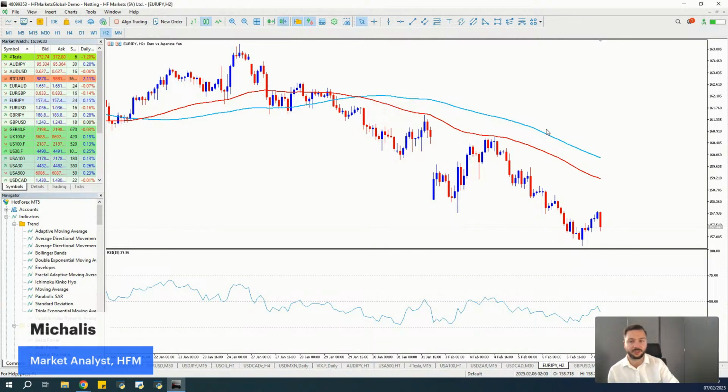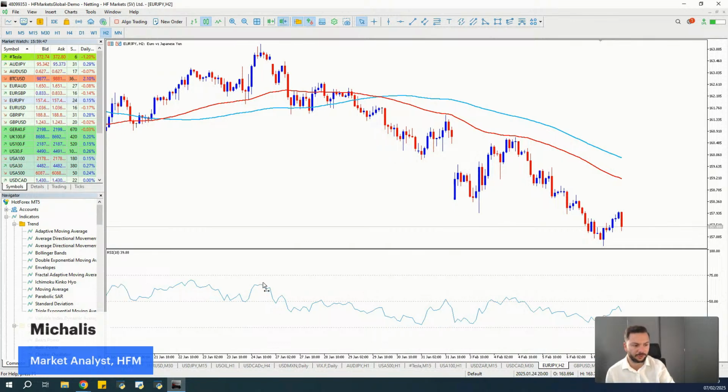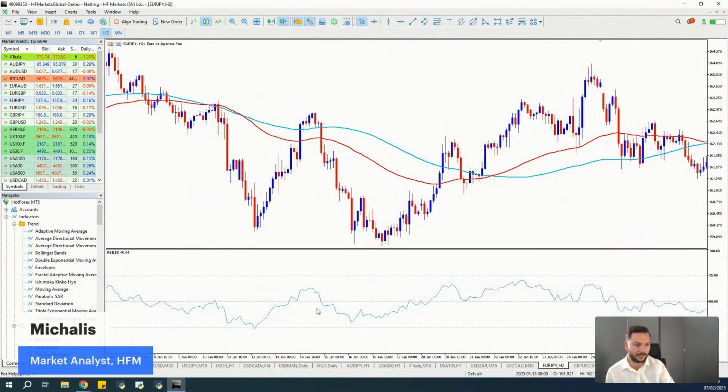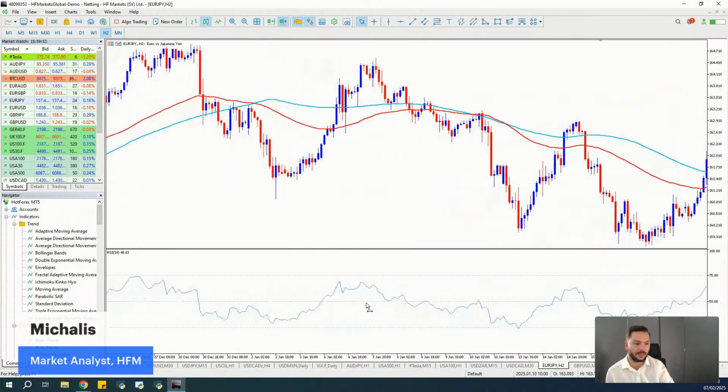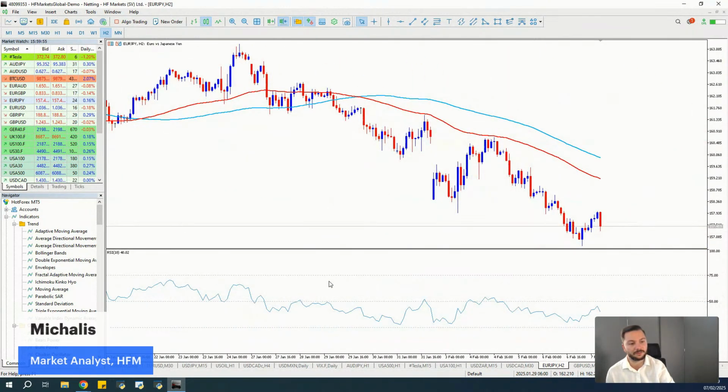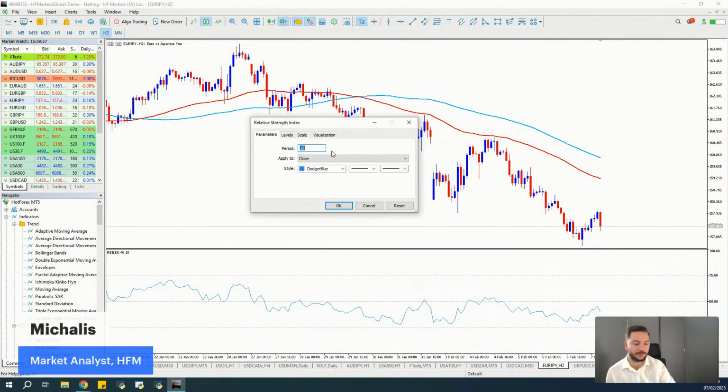Here we've got a very clear bearish bias. We're far below the trend lines. We're far below the 50 on the RSI as well, currently at 39. Not yet in any way, shape, or form oversold, because we're not oversold anywhere here. We just about got to an oversold level here. People may want to potentially amend the period.